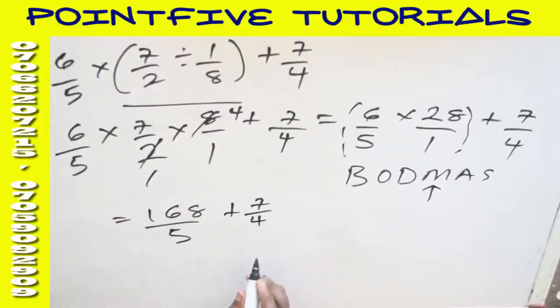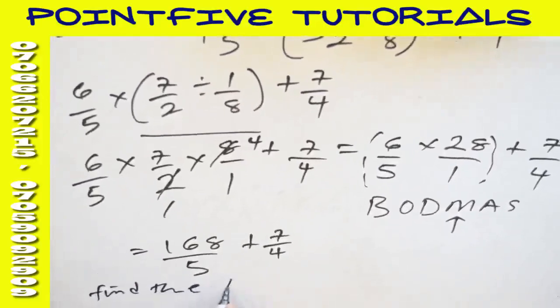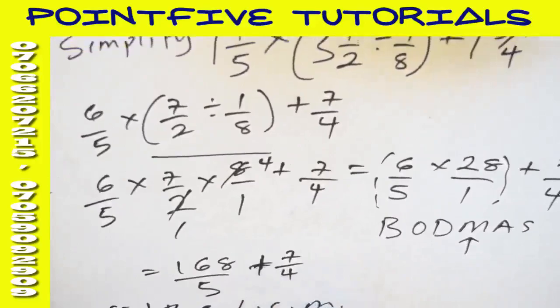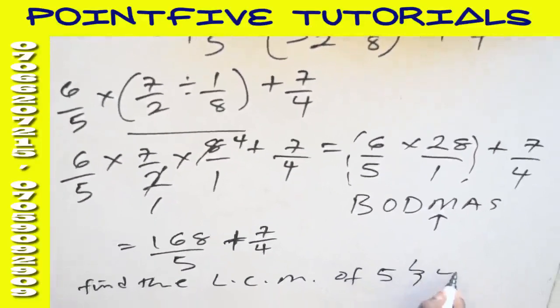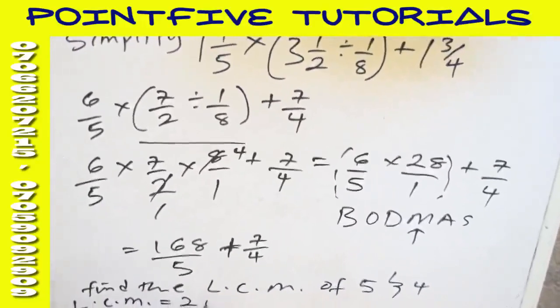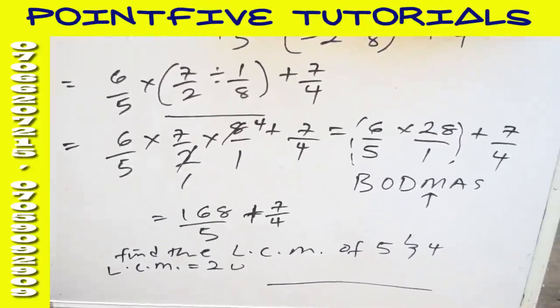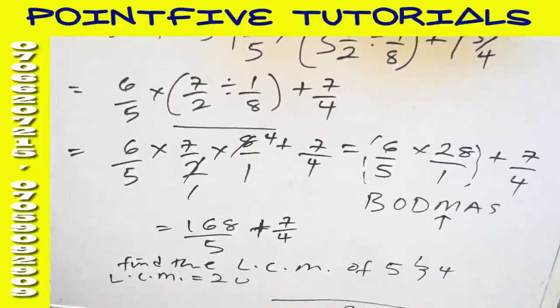Now the next thing is to find the LCM, because in addition and subtraction we look for the LCM. The LCM of 5 and 4 is 20. You draw your line and put the LCM, which is 20.